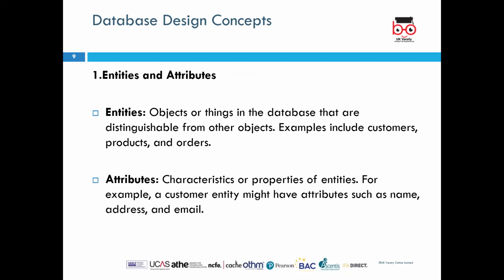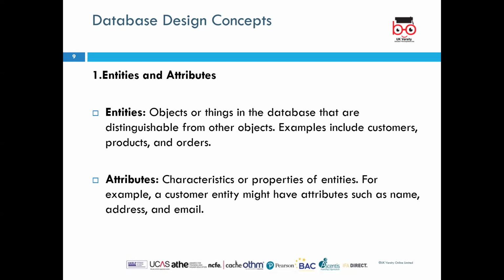So database design concepts, again, we know that our logical database will have entities and attributes. So what are entities? Entities are objects or things in the database that are distinguished from other objects. For example, we're going to include customer, product, or order.